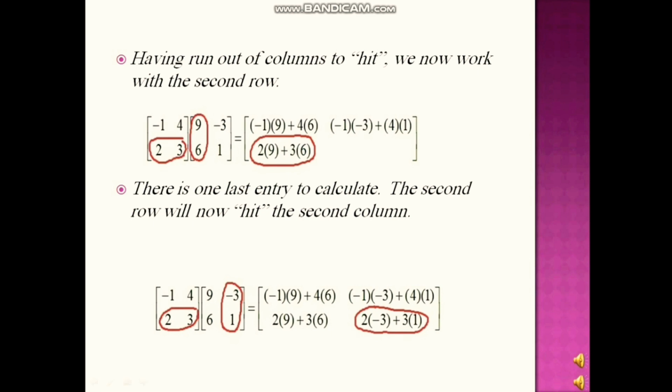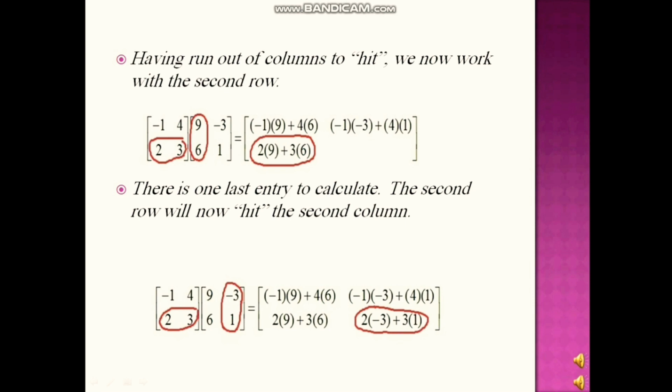Having run out of columns to hit, we now work with the second row. What's the second row? It's 2, 3. So the second row multiplied by the first column will be 2 times 9 plus 3 times 6.